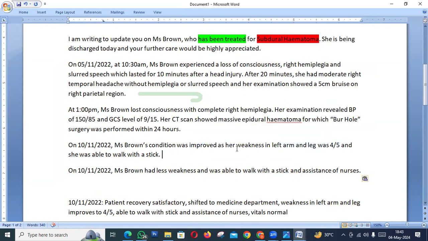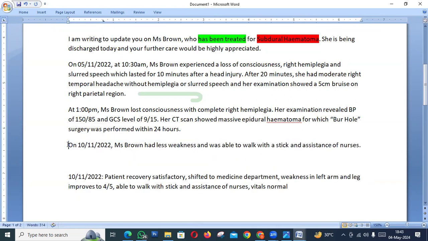Miss Brown's condition was improved as her weakness in left arm and leg was this, and she was able to walk with a stick. This is okay. It's not wrong, it's not a bad sentence. But if you see here in the model answer, I have written it better. When I'm writing the model answer, I'm joining and thinking a lot of things all the time. Both sentences are good, but which one is better? This one, yes?